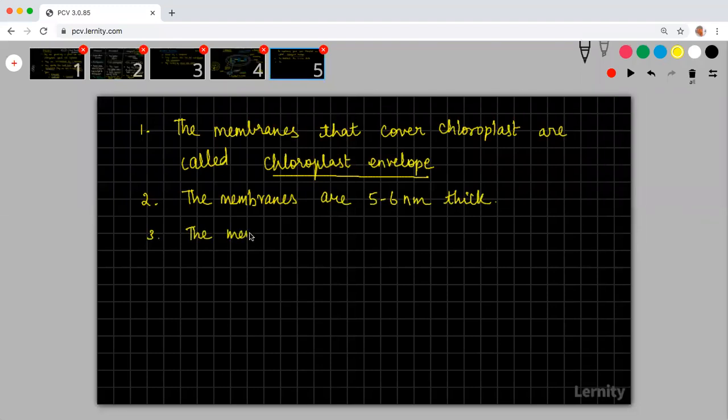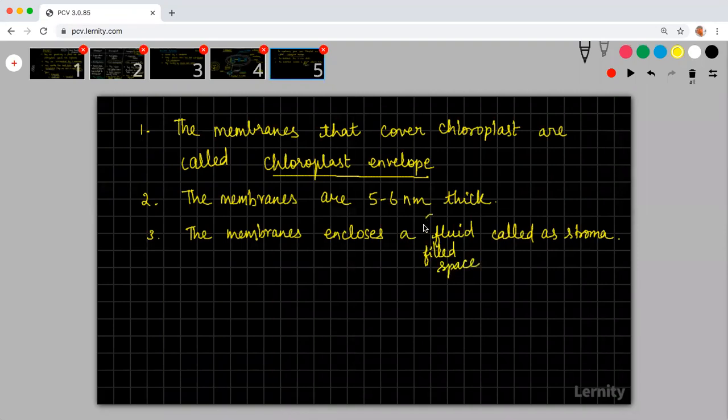The membrane encloses a fluid-filled space, and the space is called stroma.